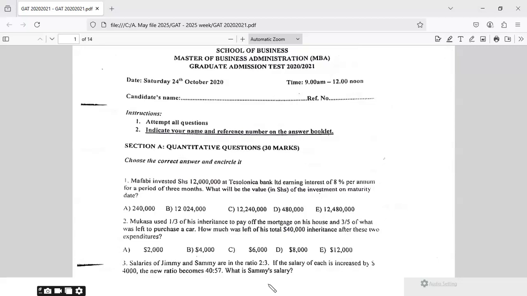Then someone should also confirm the first figure of a third times the 40,000. How much does it give you?